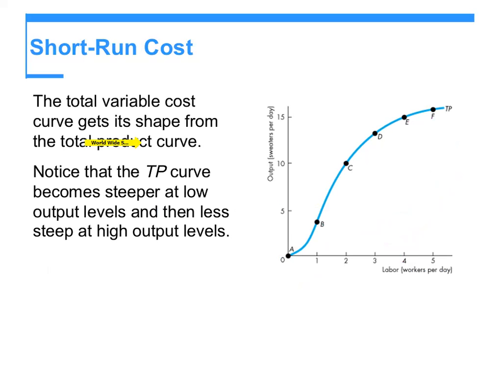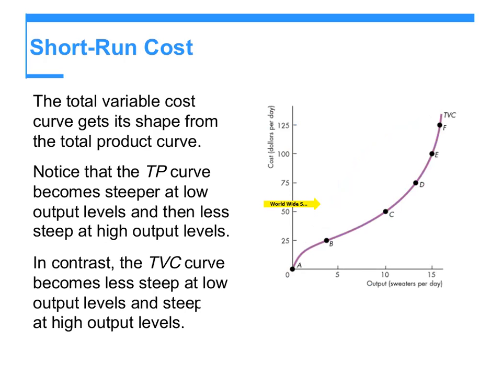Then notice that the TP, total product curve, becomes steeper at low output level and then less steep at high output level. As you can see, low output level becomes very steep. When we go to high output level, over here, less steep. Steep here is not really much, but here is much steeper.